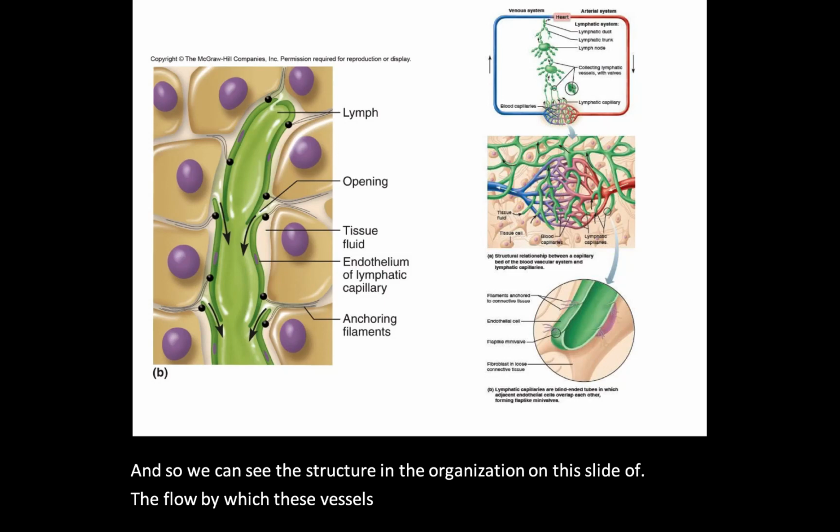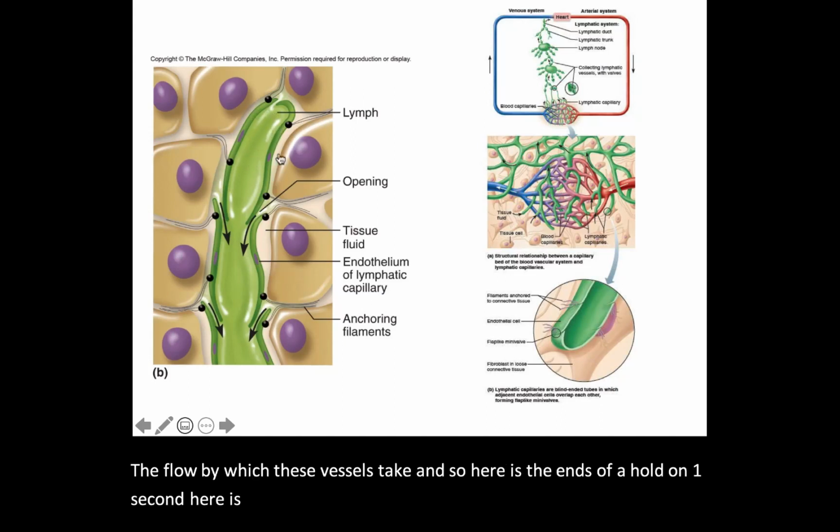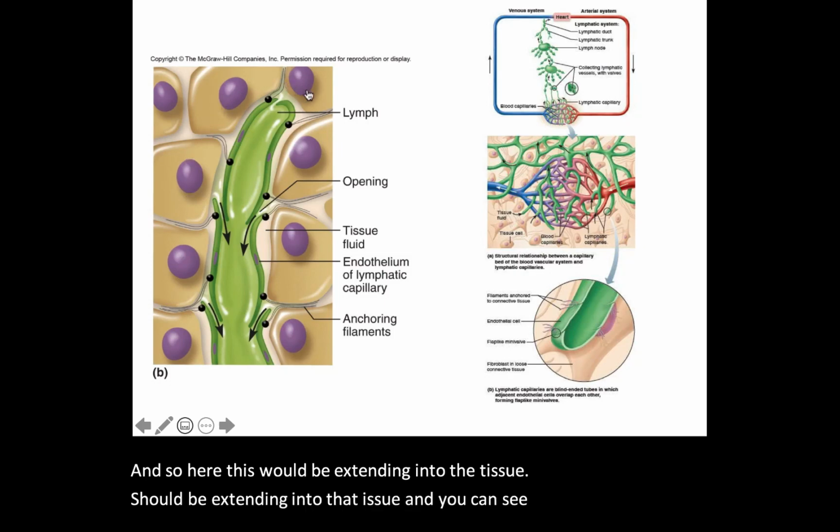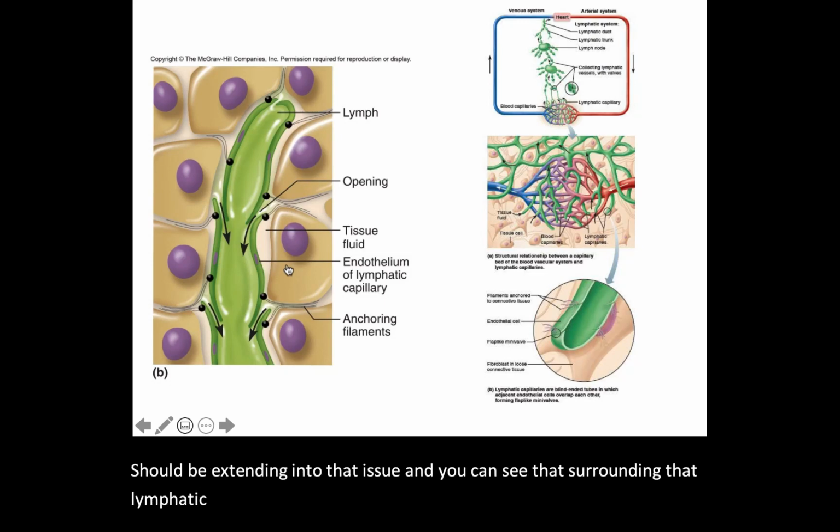All right, and so here is the end of a lymphatic capillary. Okay. And so here, this would be extending into the tissue. And you can see that surrounding that lymphatic capillary is a series of cells.